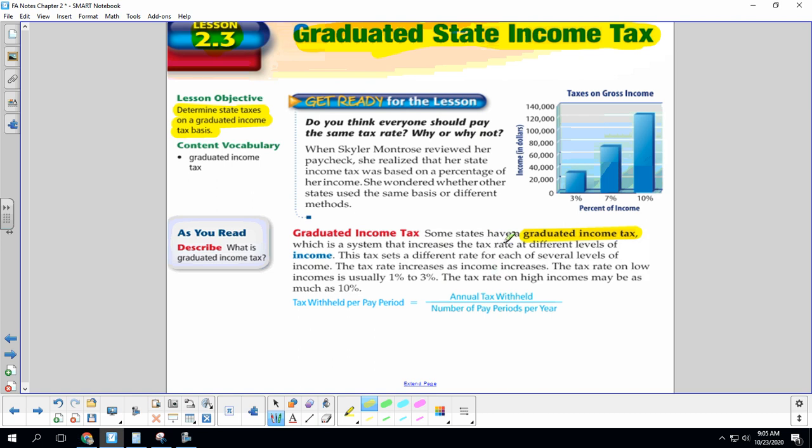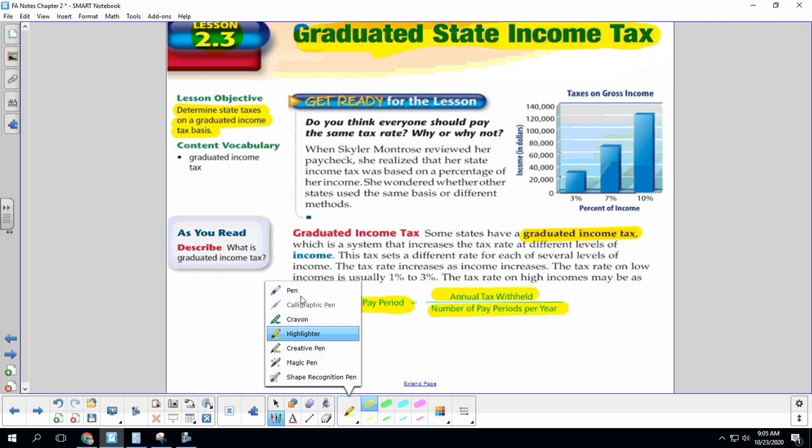Which is a system that increases the tax rate at different levels of income. The tax sets a different rate for each of several levels of income. The tax rate increases as income increases. The tax rate on low incomes is usually 1 to 3%, and on high incomes may be as much as 10%.